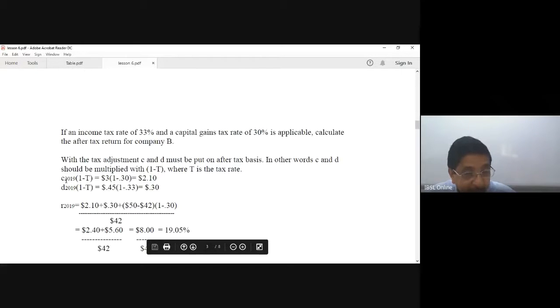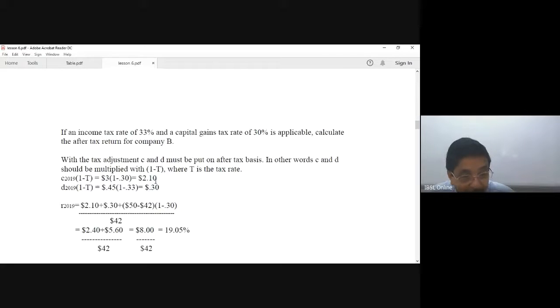Now capital gains has to be multiplied by 1 minus T, because the tax deduction for capital gains is 30%. That is why I put 1 minus 0.3 here. And for dividends, it is not the capital gains tax that is applicable, it is the income tax. So 1 minus 0.33. Now T refers to the income tax here, and T refers to the capital gains tax here.